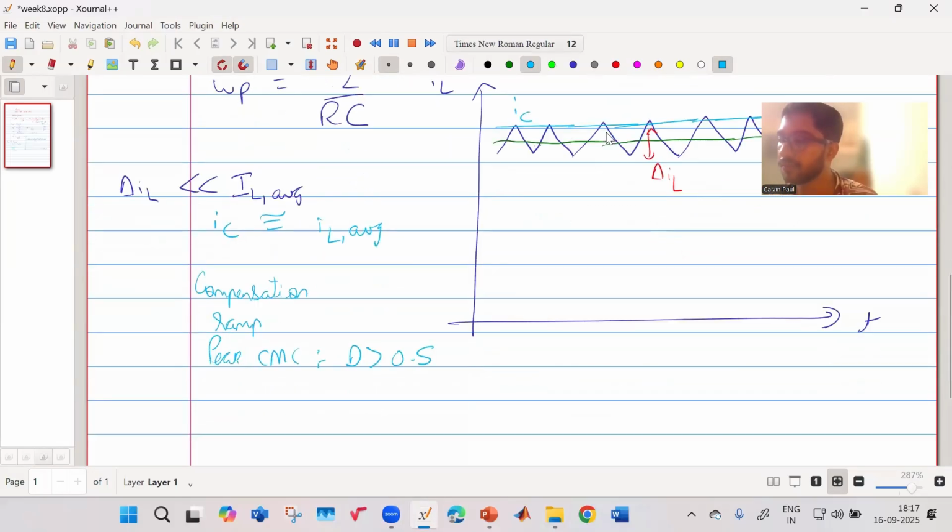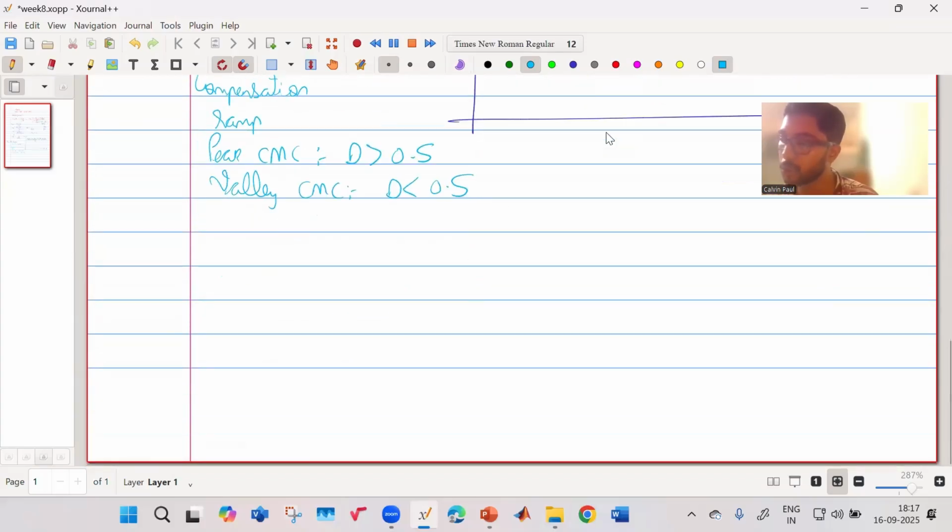In valley current mode control, you need a compensation ramp when your duty is less than 0.5. When we did the modeling and obtained the first order model, we did not even consider the compensation ramp. Those we will also include in the following derivation, which we'll proceed to do.